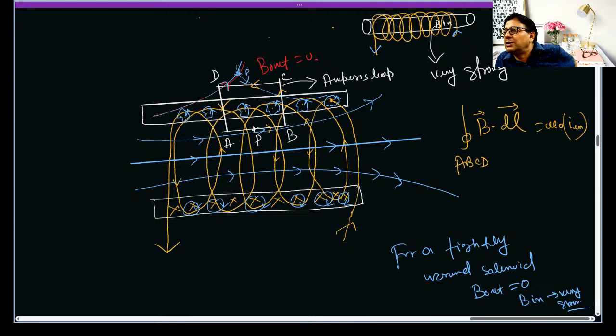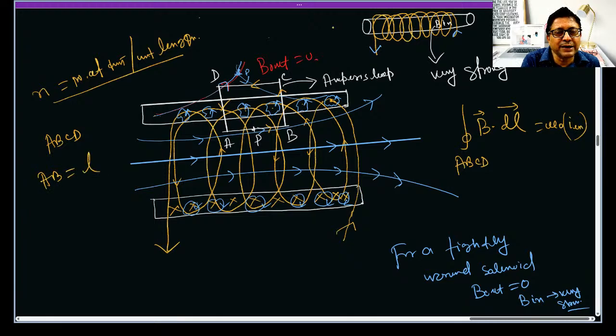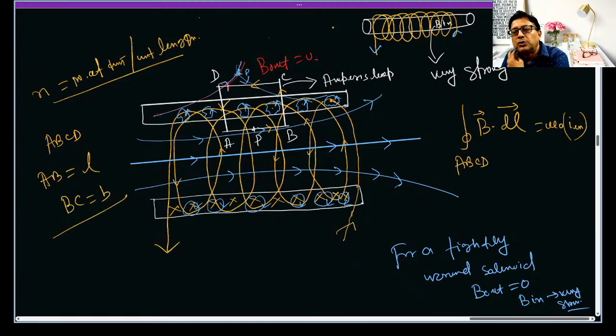I_N means current enclosed. Some data I need to provide. Assume that N equals the number of turns per unit length. ABCD is a rectangular loop, AB is of length L, BC is of length B. So B dot dl is mu0 I enclosed.